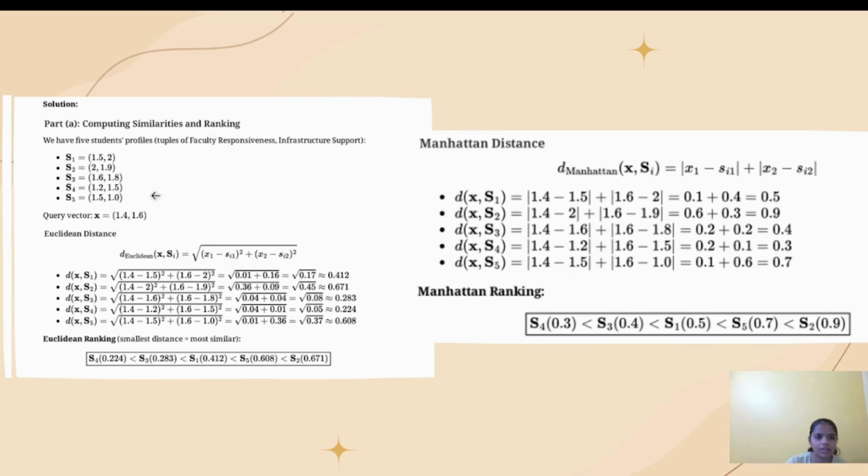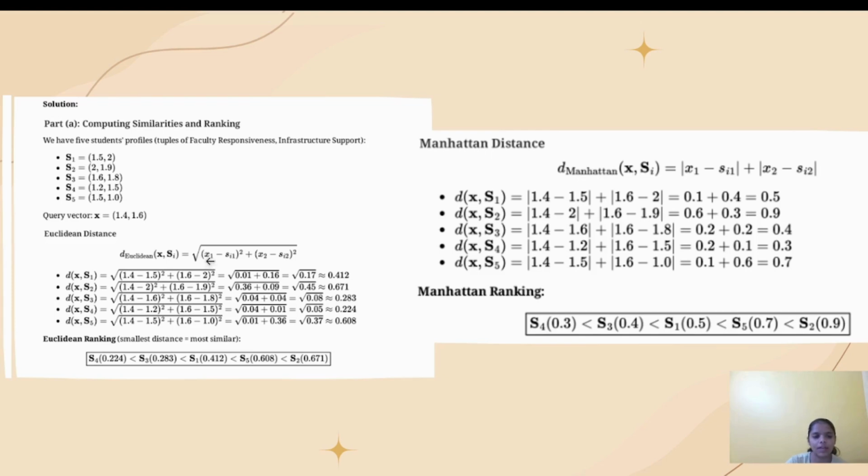We have 5 students and the 2 attributes given, that is faculty responsiveness and infrastructure support. Now the given query vector consists of 1.4, 1.6. To calculate the Euclidean distance, our formula is the square root of (x1 minus si1) whole squared plus (x2 minus si2) whole squared.